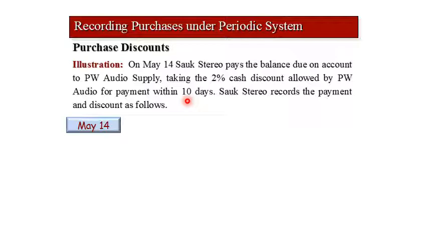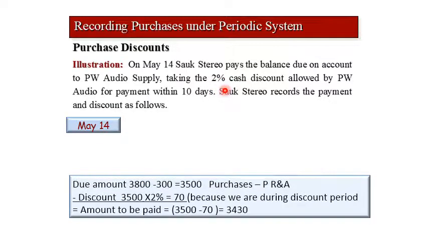Here, assume that we will pay during the 10 days and we take the 2% cash discount. How can we calculate the amount paid? Like this. First, you have to determine the due amount. The due amount is the purchases minus purchase return and allowance. Yes, 3,800 minus 300 equals 3,500.